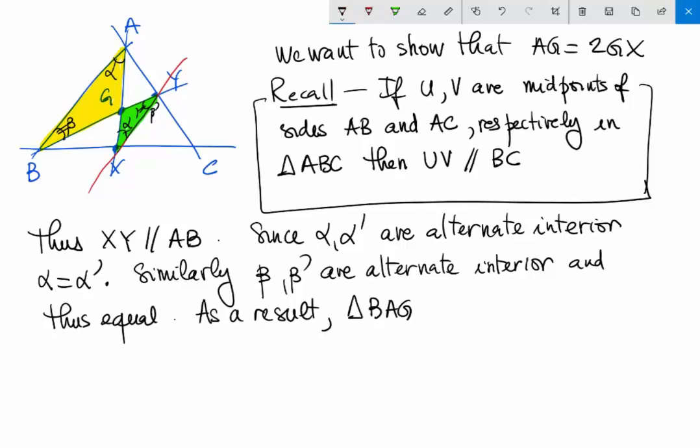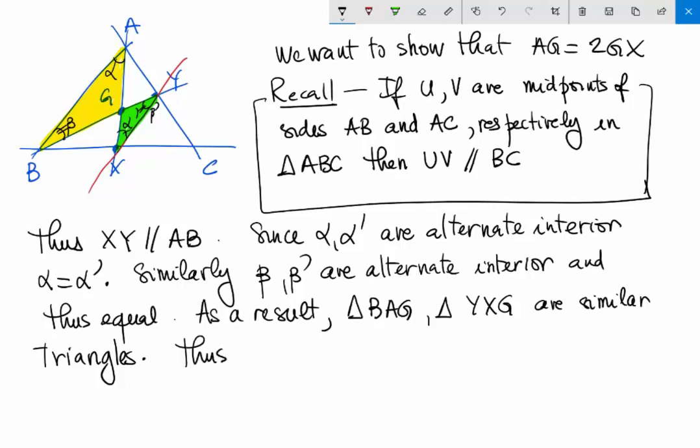So triangle BAG and triangle YXG are similar triangles. Thus, we now have that AG over GX will be equal to AB over XY, which is equal to 2.